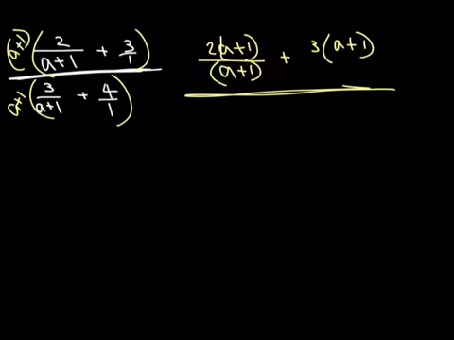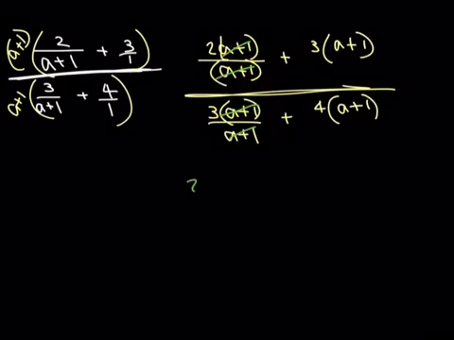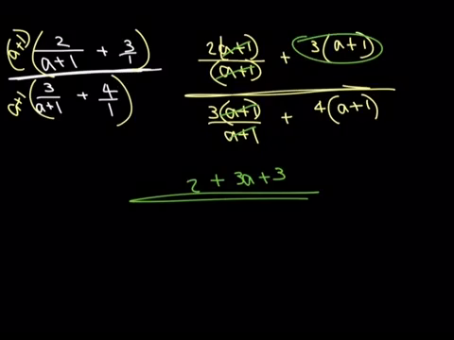Okay. And then this will be 3 times a plus 1 over a plus 1, plus 4 times a plus 1. Okay, so that and that will cancel. That and that will cancel, leaving us with 2 plus, let's distribute that, 3a plus 3 over 3 plus, distribute, 4a plus 4.